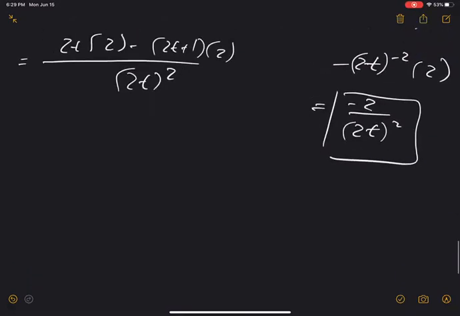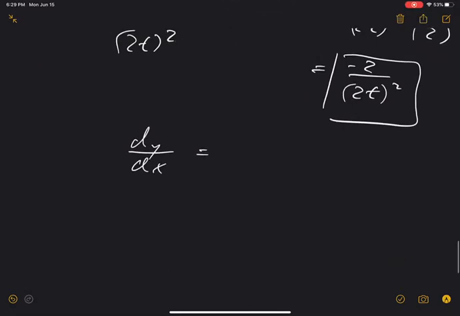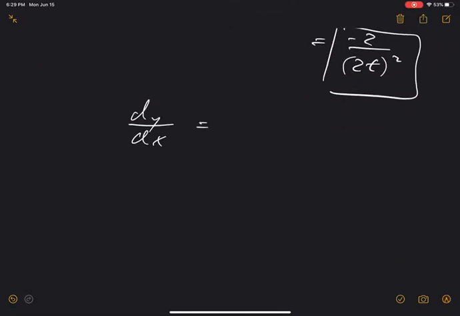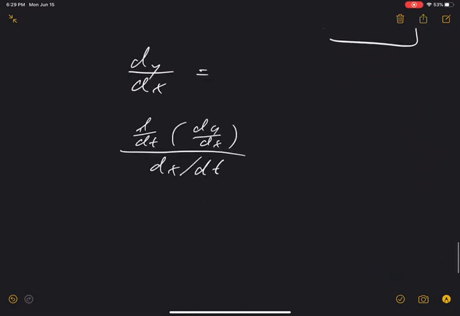Our process is, we had dy dx, then we differentiated with respect to t, and then we need to divide by dx dt again. So all we've done is find the numerator.